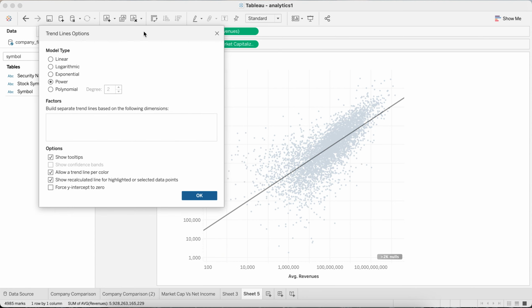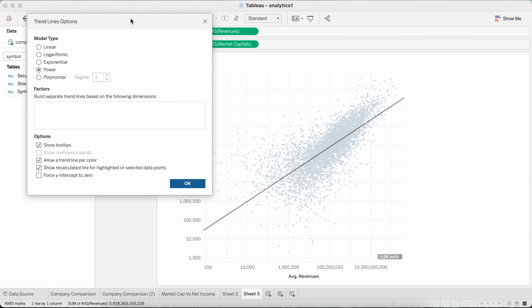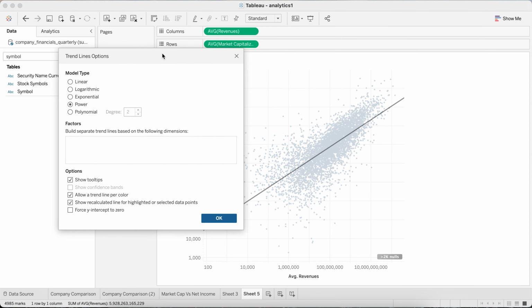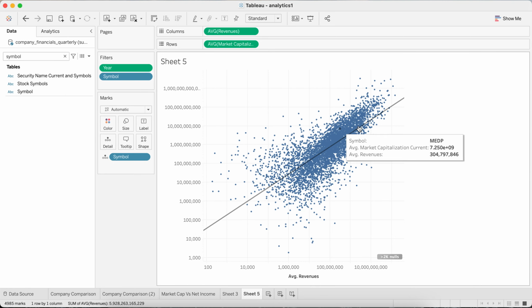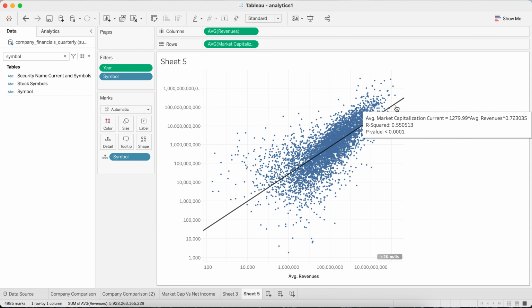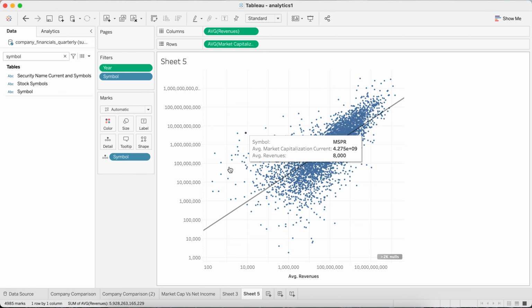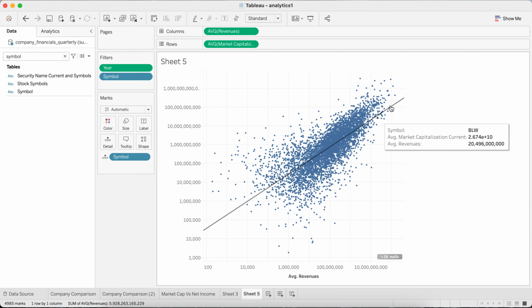So e to the x, where there's a multiplier in terms of the revenue of the company and what its valuation is. And we can see that there's a skewness here. These tails here are skewing the chart.